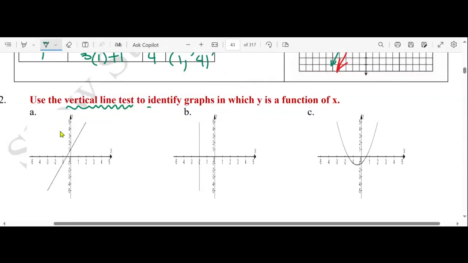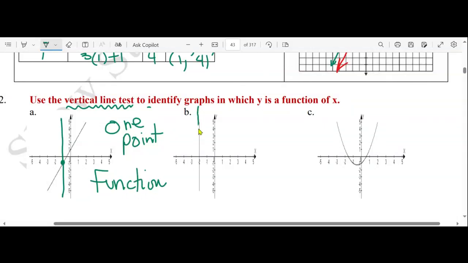If I graph a vertical line, how many points does it cut the graph? 1 point. If it cuts it in 1 point, that means what? Function. If I make a vertical line, how many points does it cut the graph? Many points, right? Then it's what?